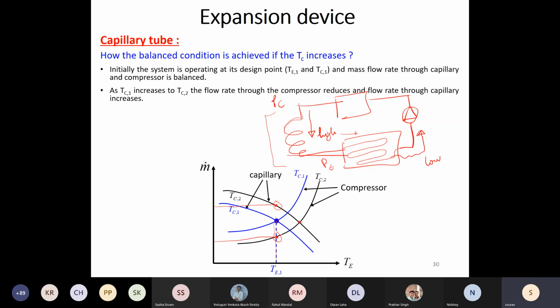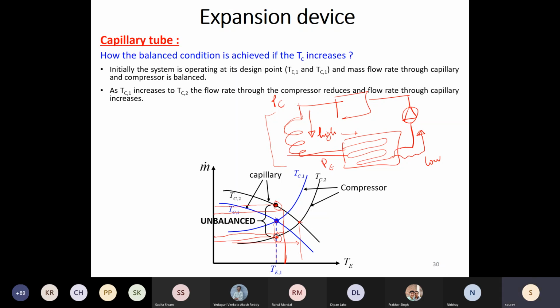Now at this condition, my capillary tube will be able to provide this much mass flow rate, and, okay, let's not confuse this. Let's say it moves through this condition. My capillary tube is providing this much mass flow rate, my compressor is providing this much mass flow rate. So the amount of imbalance has now reduced, and continuously this pressure will rise till you attain the new balanced condition.